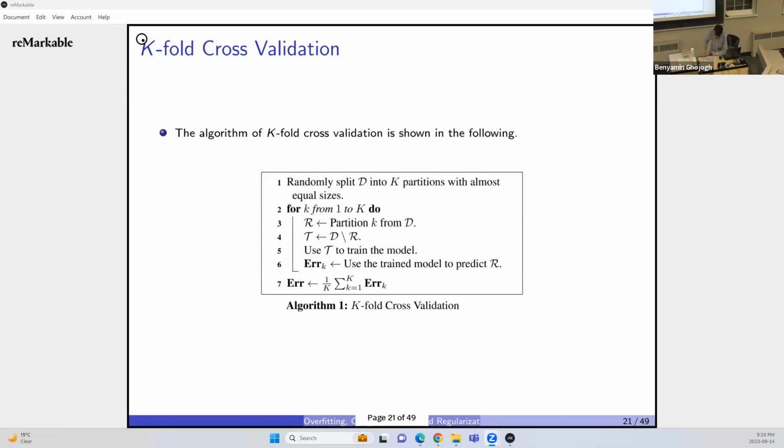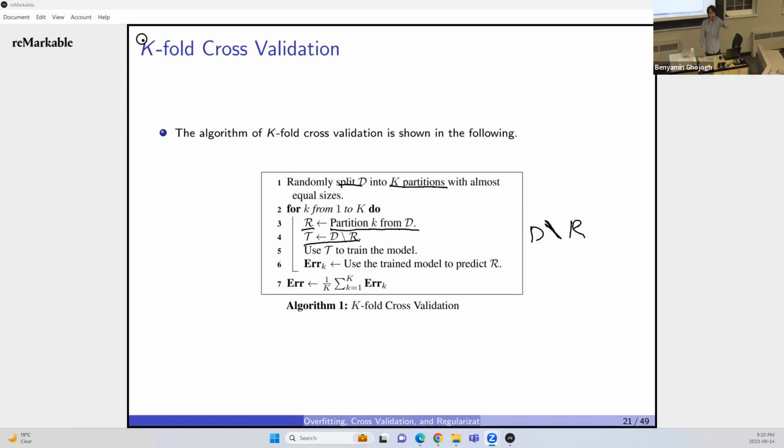So the algorithm is this: randomly split your data D into k partitions with almost equal sizes, for k from 1 to k. Each time you take one of the partitions as the test set and the rest as the training set. What is this notation, by the way?